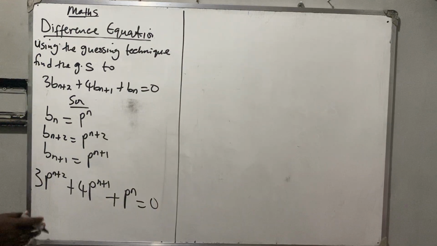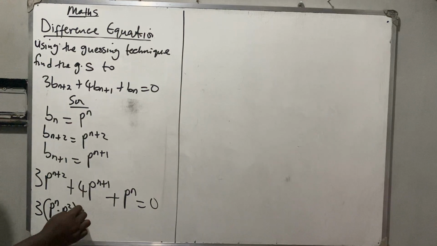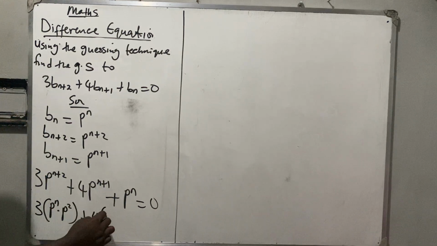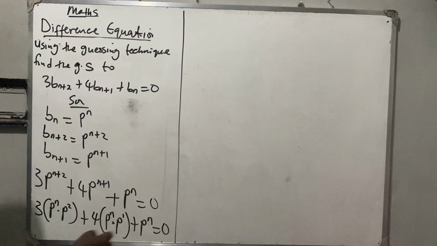Okay, so now if you break it down, we're going to be having 3 into, this one is something like saying p^n multiplied by p squared. Then plus 4, this one is going to be p^n multiplied by p raised to power 1, then plus p^n is equal to 0.